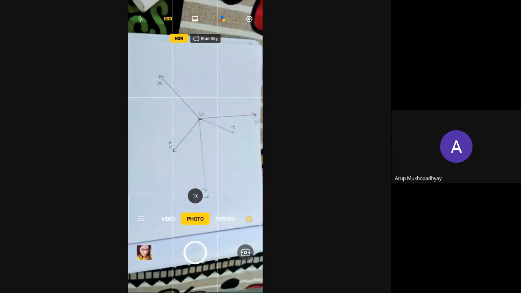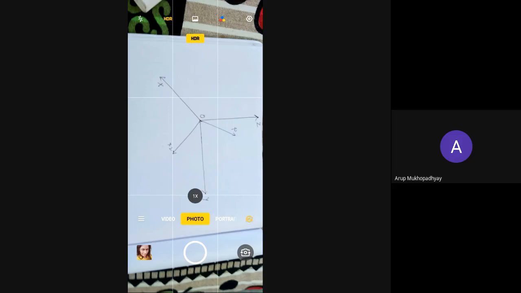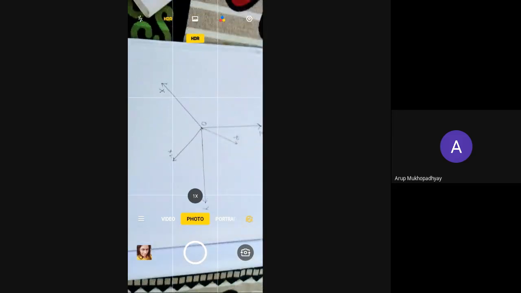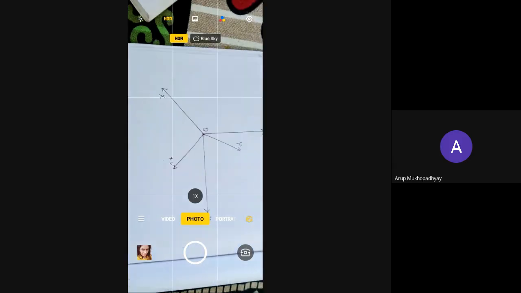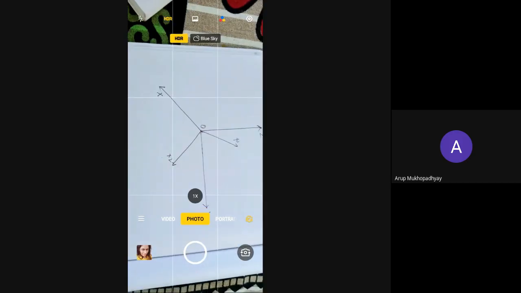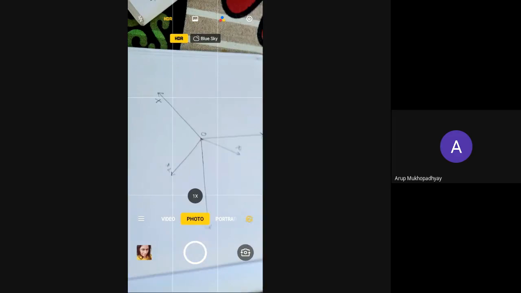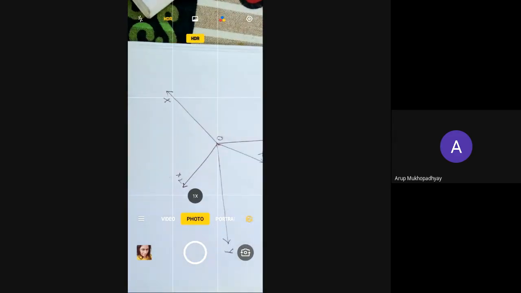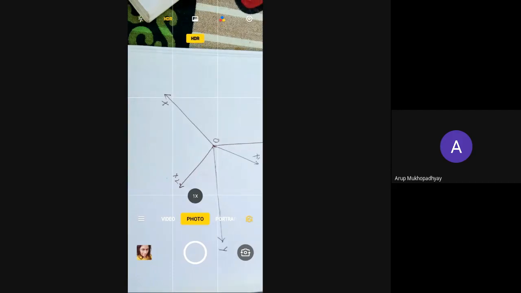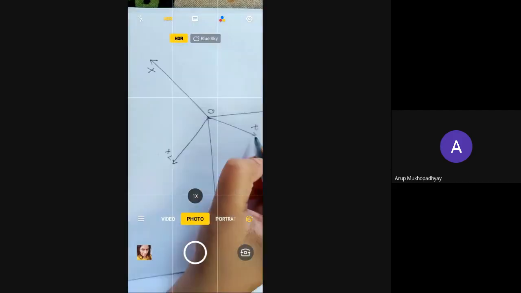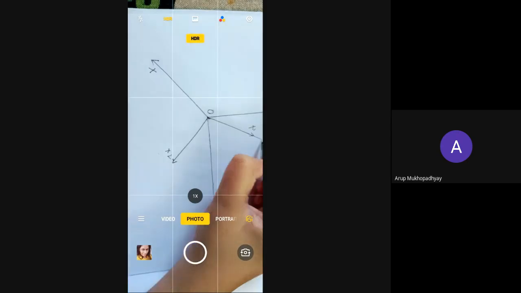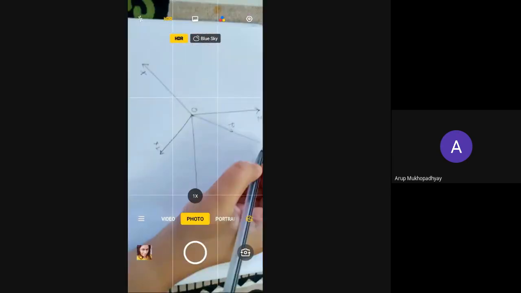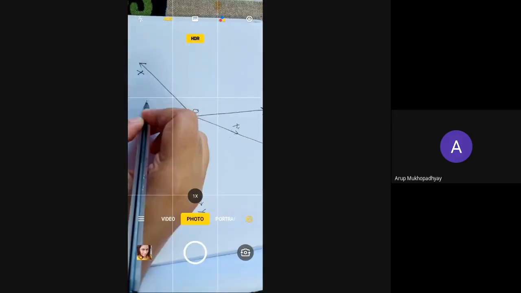V1 means the subspace generated by x1. That means I have to take any multiple of x1. We can easily take the straight line that contains x1. And here this is the straight line.